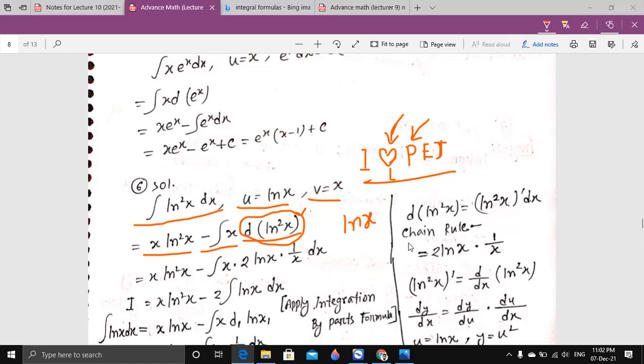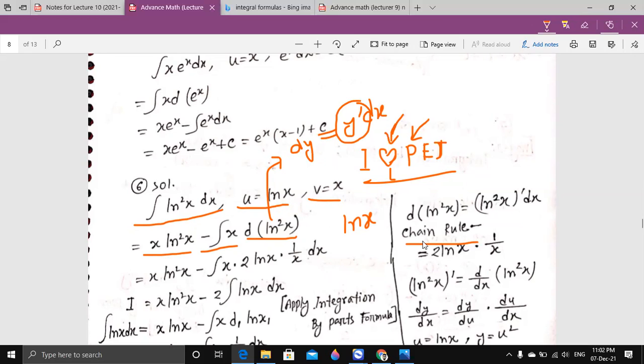That's why we have to use the chain rule, because here we are doing differentiation. It is not integration, guys. This part is dy, so dy is equal to y derivative dx, right? Here we are calculating the derivative, that means we are differentiating.